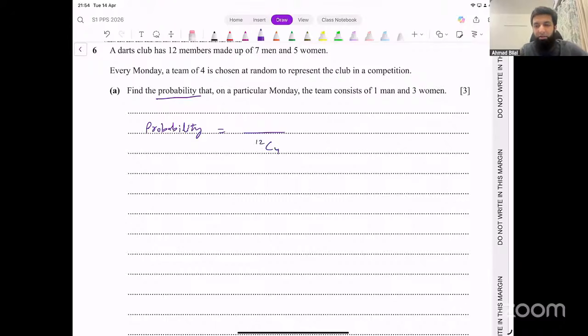And then in the numerator, we would have the number of possible selections where this condition is met. So out of 7 men, we want 1. And out of 5 women, we want 3. So that's 5C3.